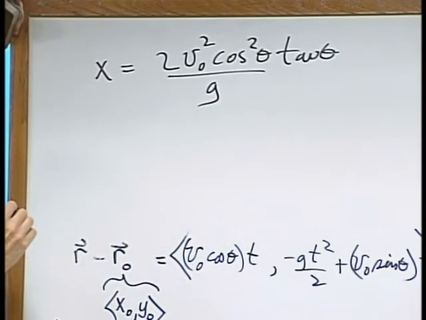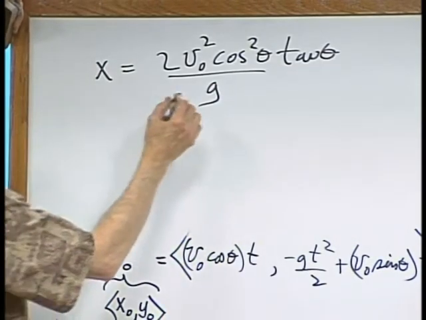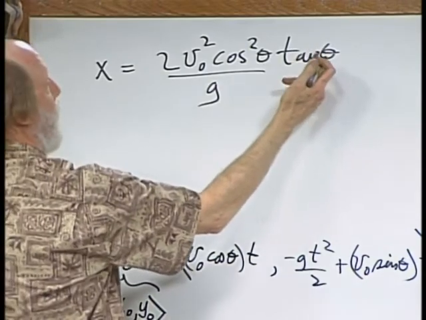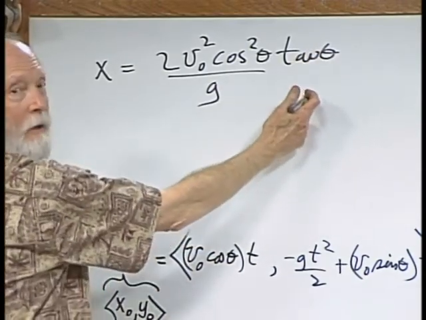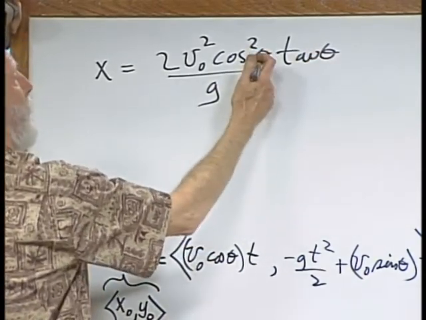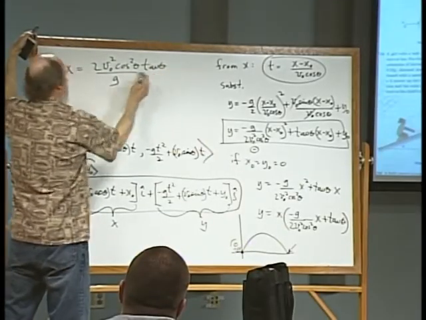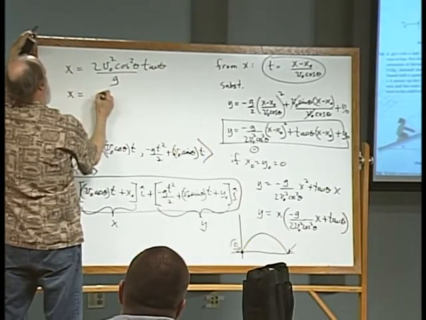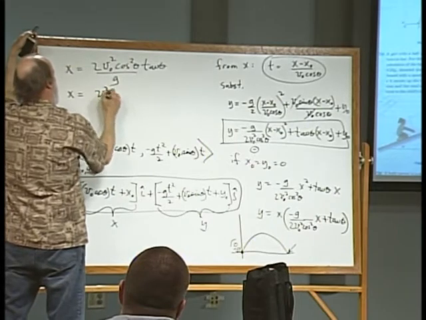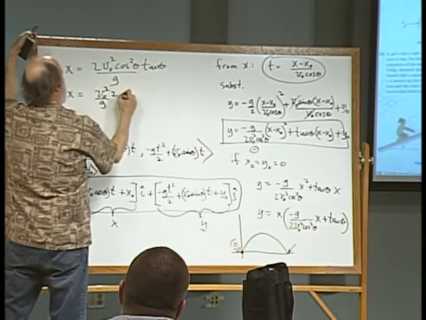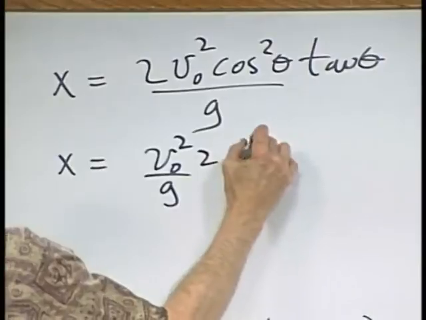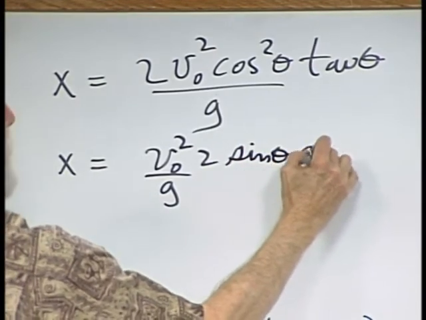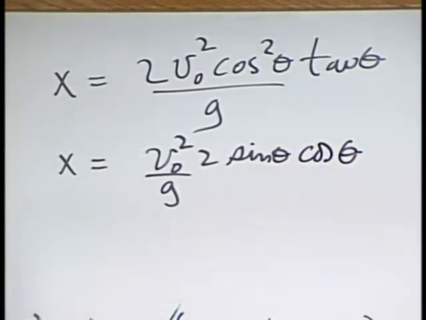Is that right? And then notice that tangent is sine over cosine, so we eliminate one of those cosine terms. So we get v naught squared over g times 2. I'm going to change the order of those terms. Sine theta, cosine theta.